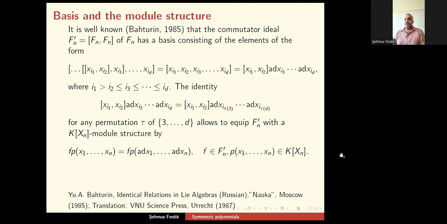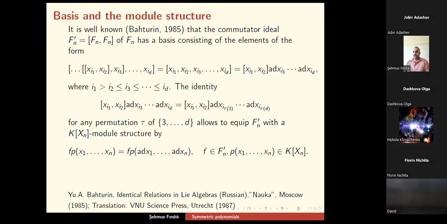A basis was given by Bakhtin in his book, Identical Relations in Lie Algebras. It was published twice, in 1985 and then in 1987 in English. And here we have a very nice looking basis.